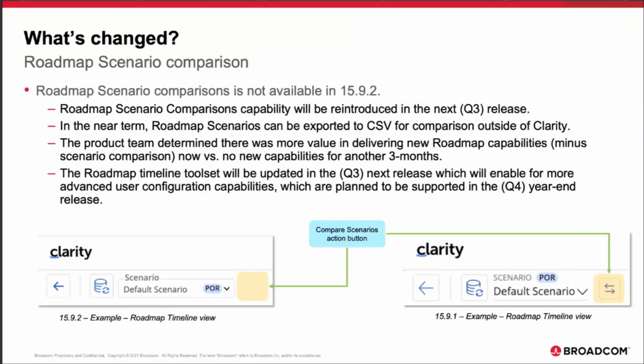These more advanced configuration capabilities are planned for the end of the year release. So in the end, roadmap scenario comparisons capability will be reintroduced in the next release using the new roadmap timeline toolset.